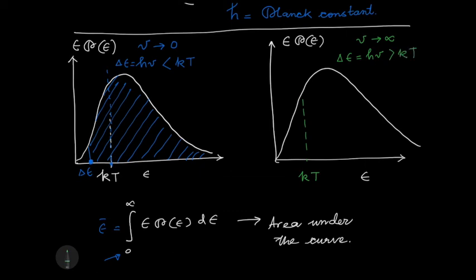So delta epsilon, which is h times nu, will be much greater than kT now. So delta epsilon will be somewhere here. And now you see, if I start my integration from delta epsilon, I get only this much area, and as delta epsilon goes to the right-hand side, as I increase nu, that area is almost 0. So epsilon bar goes to 0.